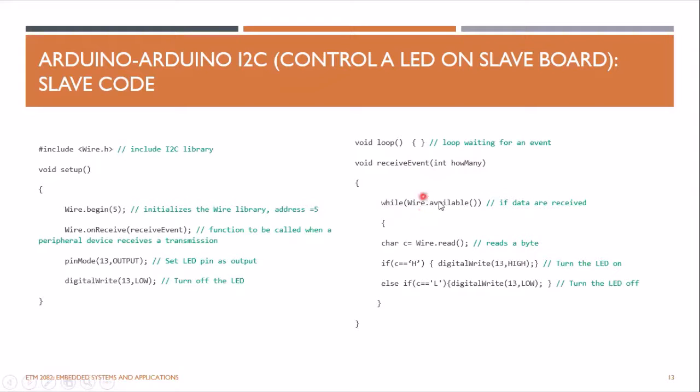It's something like an interrupt. Then it goes into this while loop with wire.available, which means if there's some data on the I2C bus to the slave, read that data and copy it to this variable C. And if that variable is capital H, turn on the LED. If that variable is capital L, turn off the LED. So this is a very simple code that you can try.